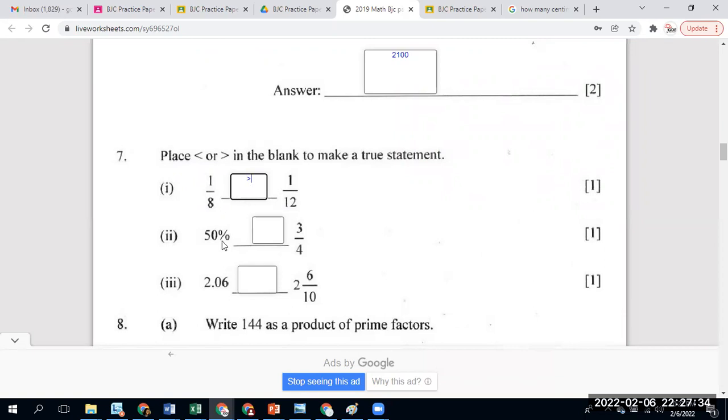For this one, we have the ability to either convert 50% to a fraction or 3/4 to a percentage. So let's go ahead and convert the 50% to a fraction. Percent literally means out of 100. So to write this as a fraction, we would write 50 over 100. To compare the two fractions, we would have to give them the same denominator, or make an equivalent fraction.